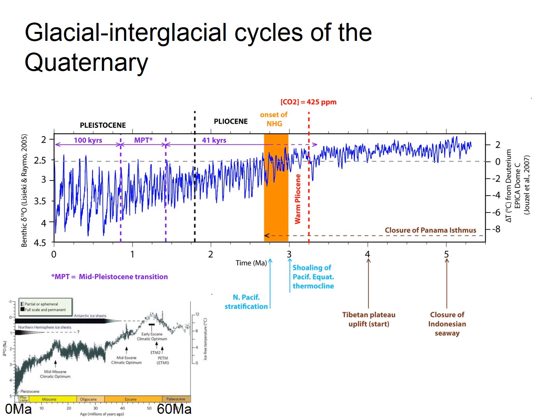So this graph here at the top, again, we're using oxygen isotopes as a proxy for essentially global temperature. These are actually the oxygen isotopes in shells that are living on the bottom of the ocean.